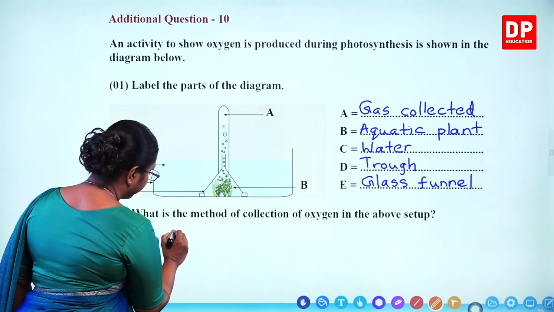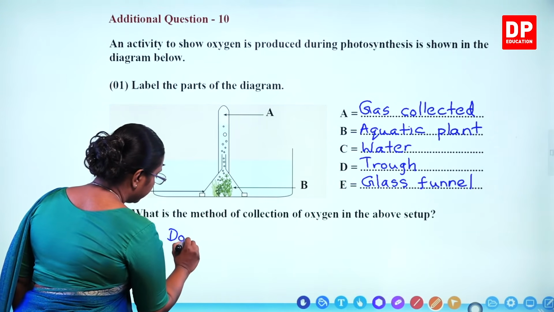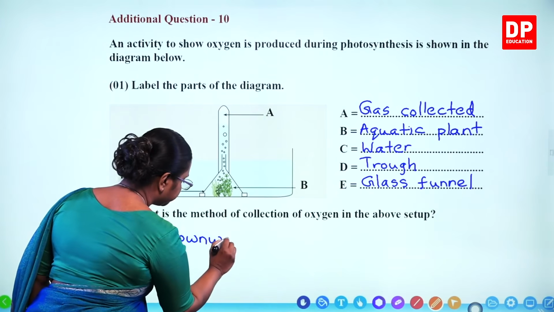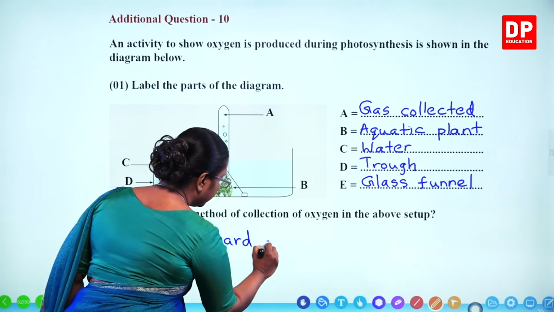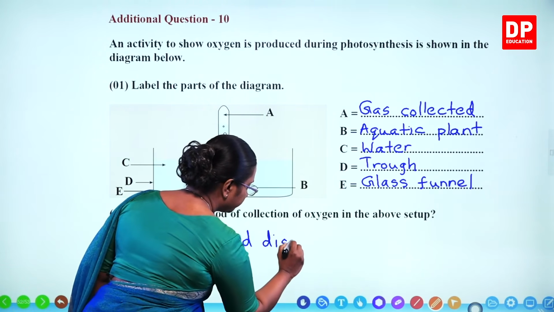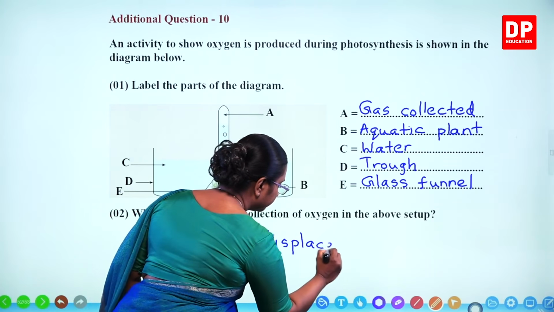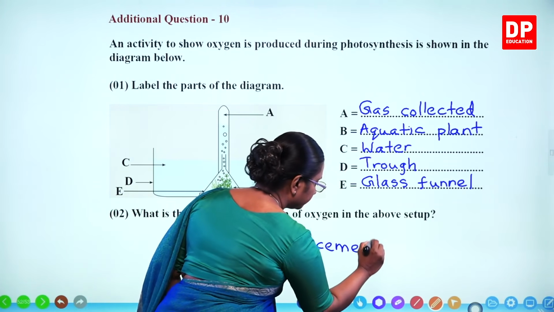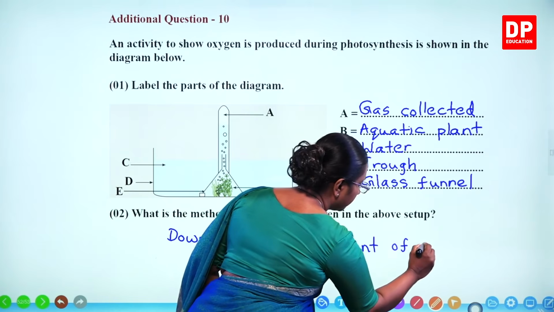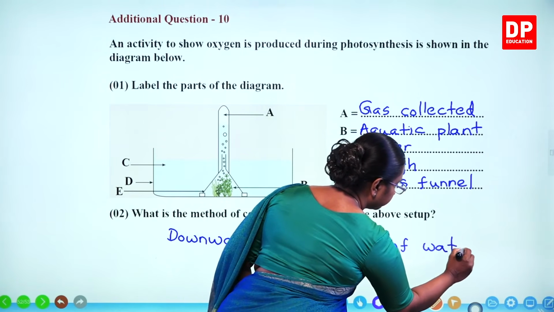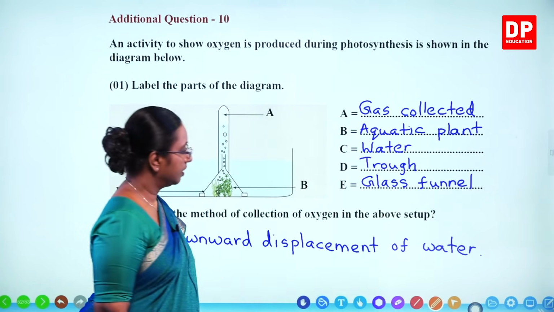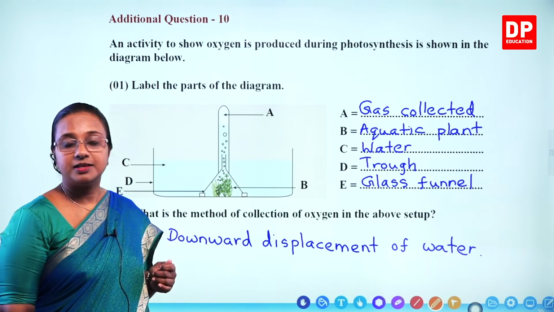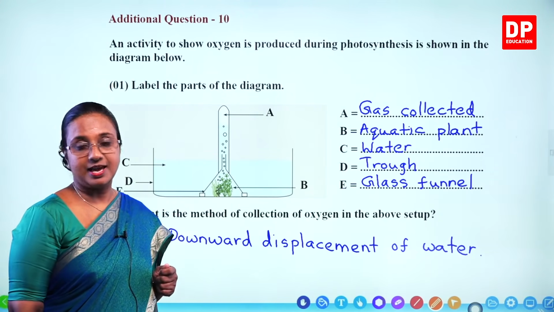So here you have to write downward displacement of water. So that is the method of collecting oxygen gas.